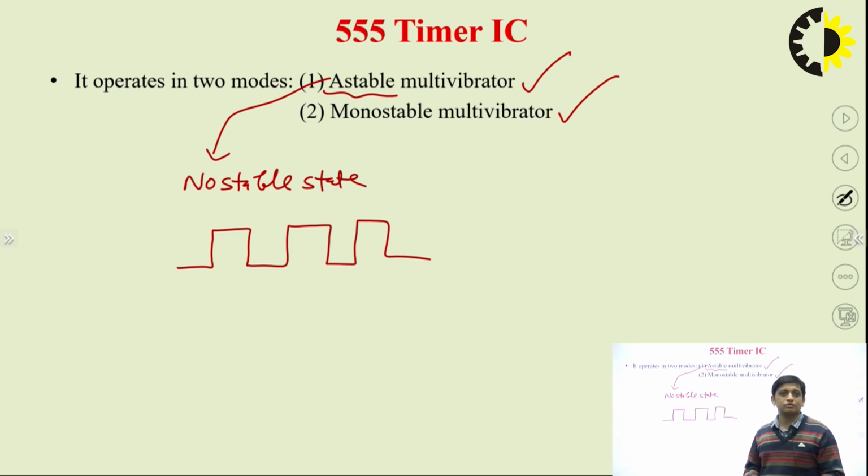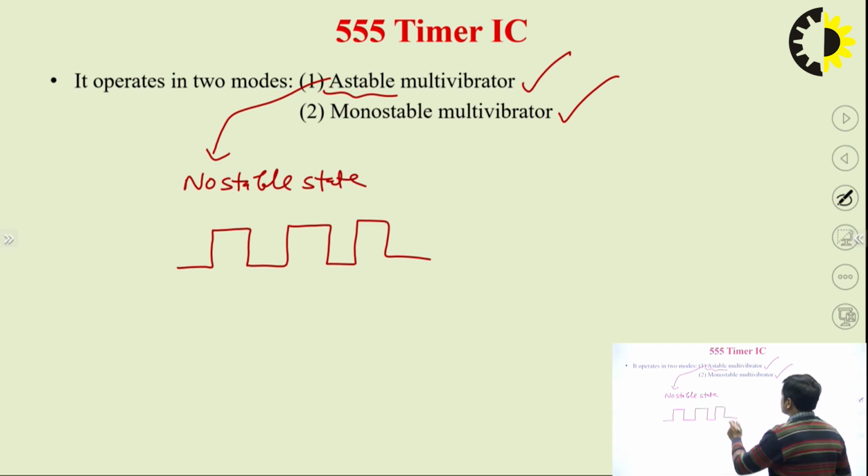By changing the values of external resistor and capacitor, we can change the frequency of this pulse waveform. Also we can change the duty cycle, right? This astable multivibrator we can design using an operational amplifier, also using 741 IC. Also we can design it using 555 timer IC.